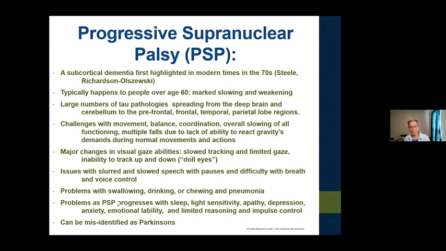I have a harder and harder time expanding and contracting in order to breathe efficiently. And in this one, what we notice is tau pathologies, which we see in Alzheimer's, but here we have a huge number of tau pathologies, and they're spreading primarily through the deep brain and the cerebellum. So back in the back of your brain, and then they hit the prefrontal, the frontal. They spread into those areas, but they start in the deep brain and the cerebellar area.